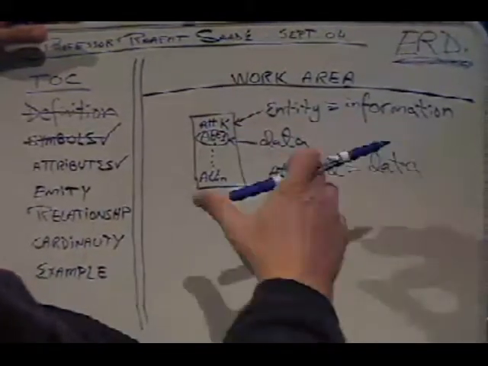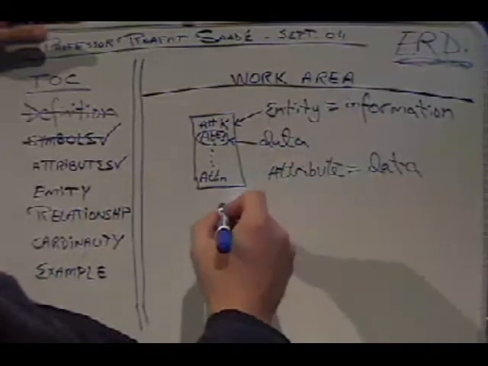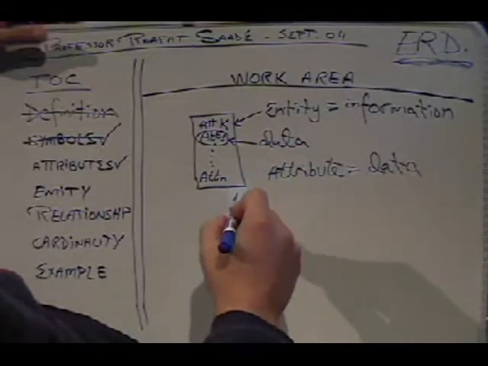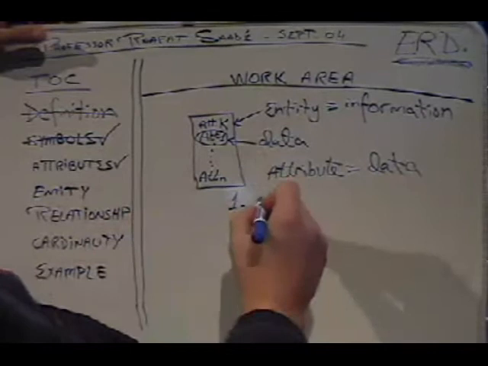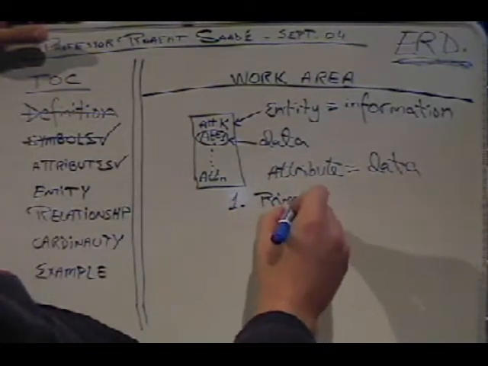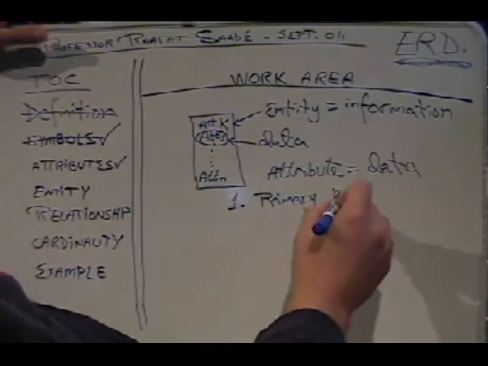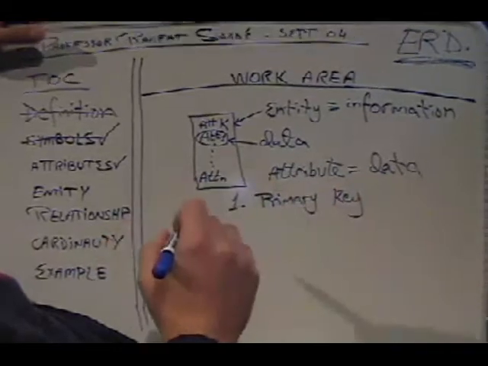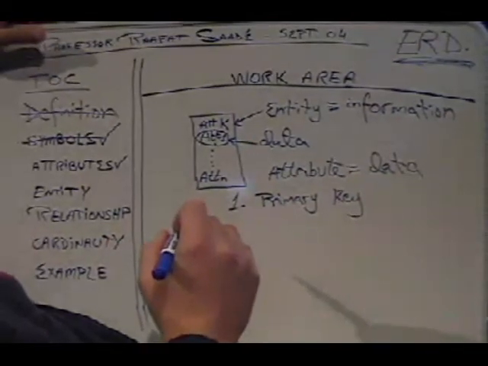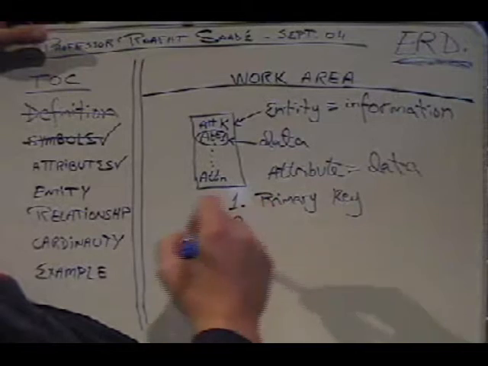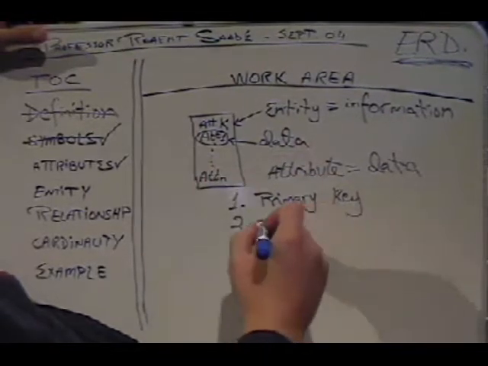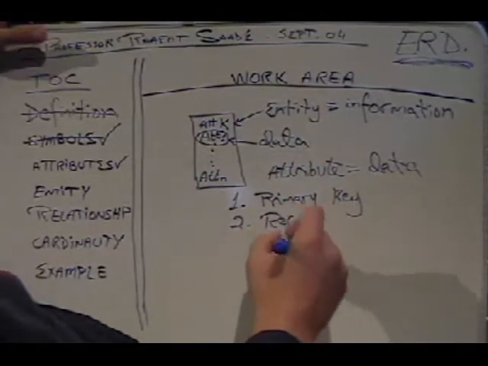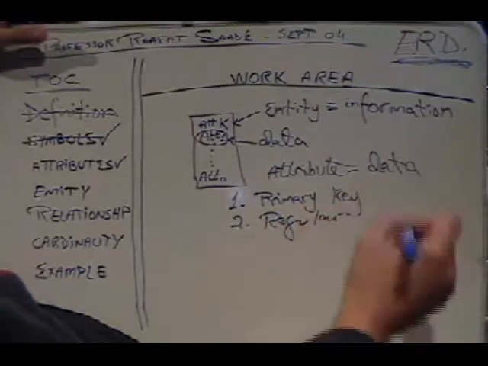And then we have three types of attributes. Attribute number 1, we have a primary key attribute. Attribute number 2, we have a regular, if you want to call it, attribute.